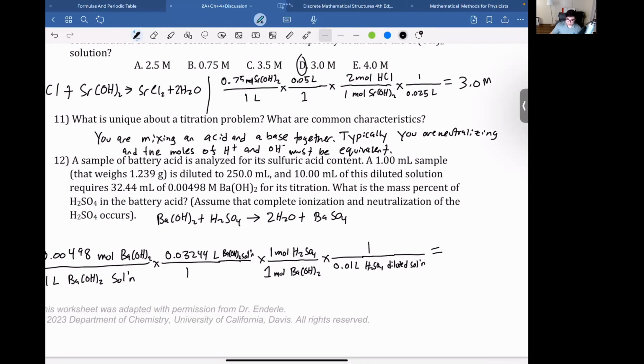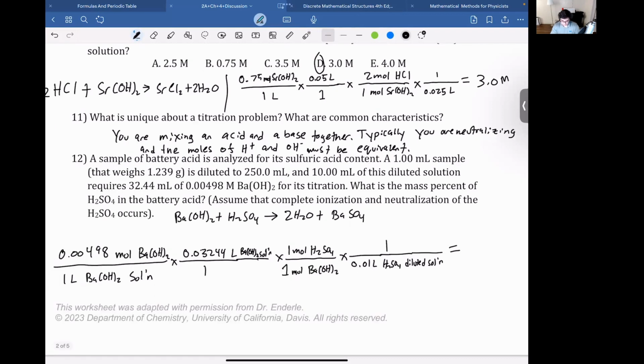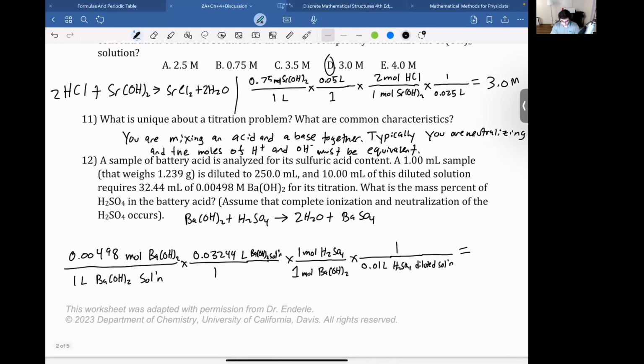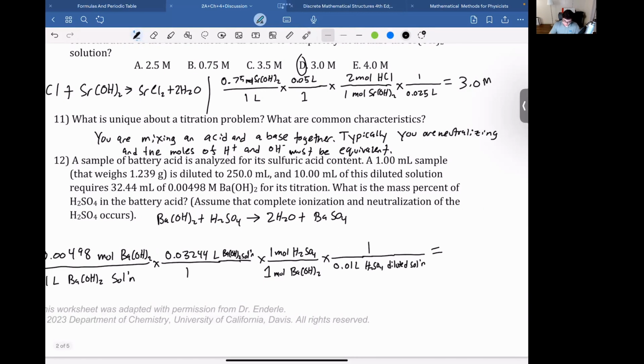And keep in mind, this is the diluted solution. So this is not really a unit. This is just to help keep track of what's going on. So we plug this all in, and I get 0.01.